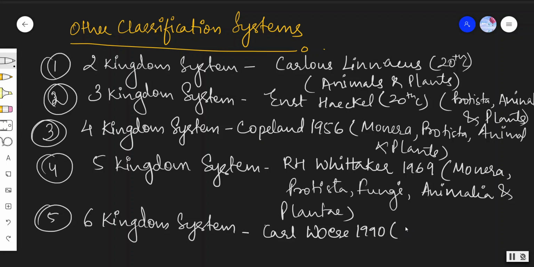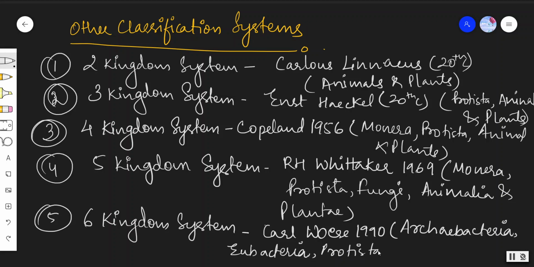So Monera is divided into archaebacteria, which are the primitive organisms on earth, and eubacteria, followed by Protista, Fungi, animals and plants.